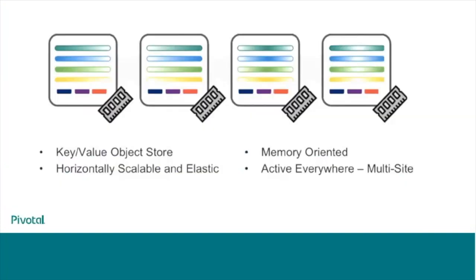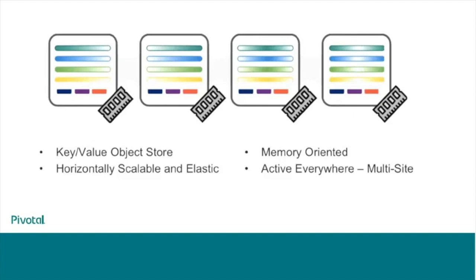To talk about the architecture of Gemfire itself, Gemfire is a key value object store. What that means is that you can actually store Java, C++, C#, and JSON objects, and you can scale your Gemfire cluster horizontally by adding additional nodes.